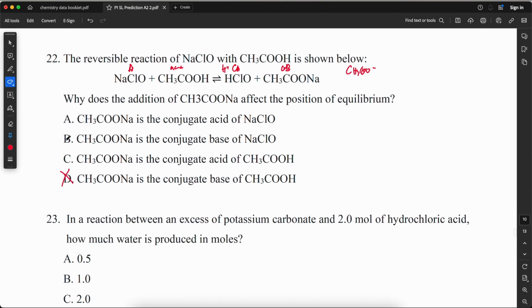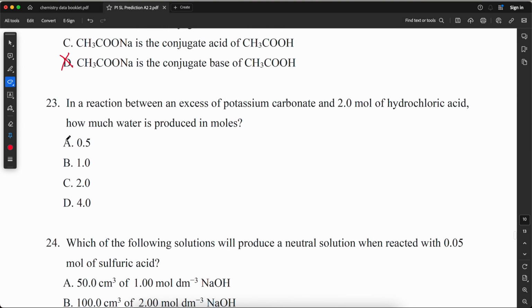In a reaction between an excess of potassium carbonate and 2 mole of hydrochloric acid, how much water is produced in mole? Potassium carbonate, so that will be K2CO3, reacts with HCl, will produce KCl plus H2O.